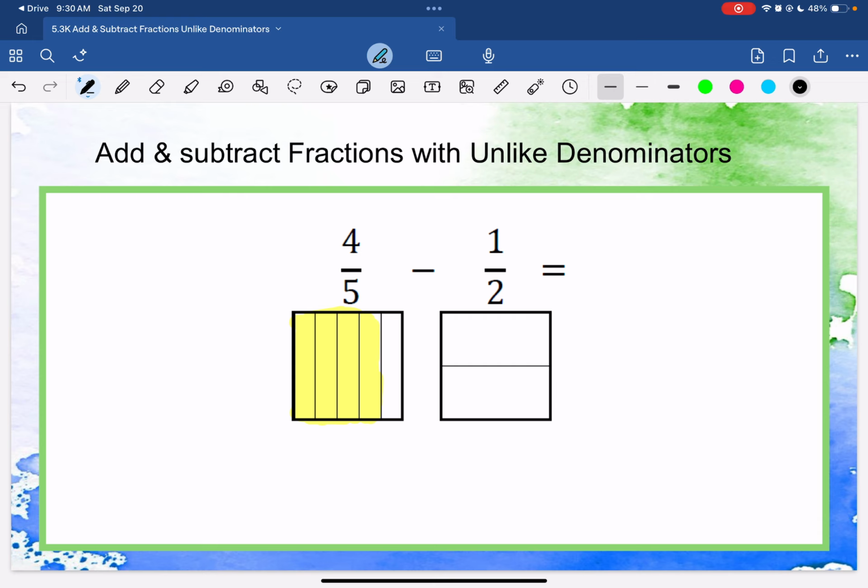So I am just going to make this out of 10. And I can see from the first one that if I cut it this way, I will now have 10 total parts. But instead of 4 out of 5, I ended up with 8 out of 10.